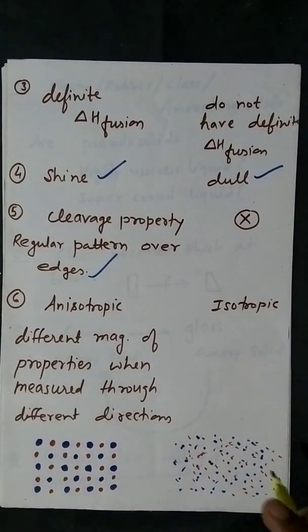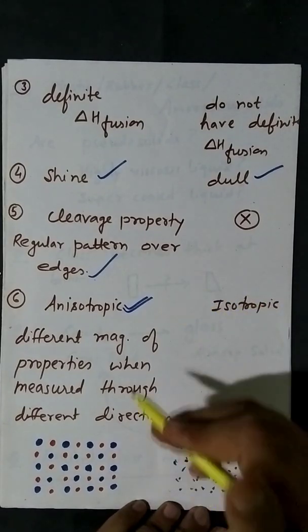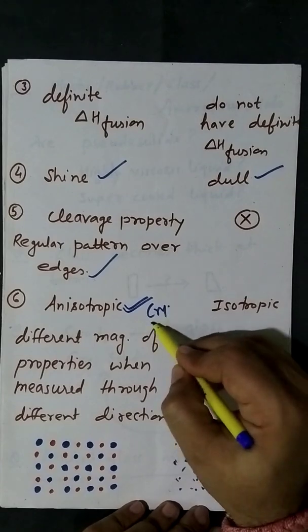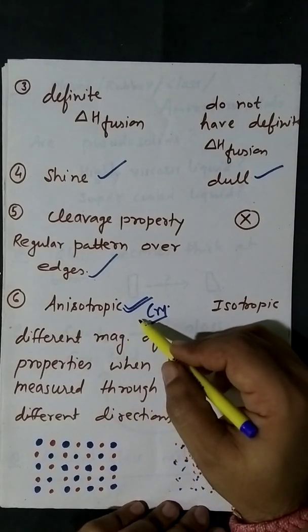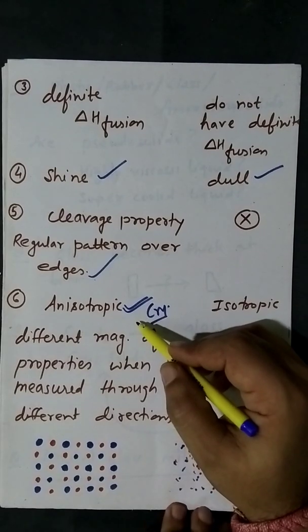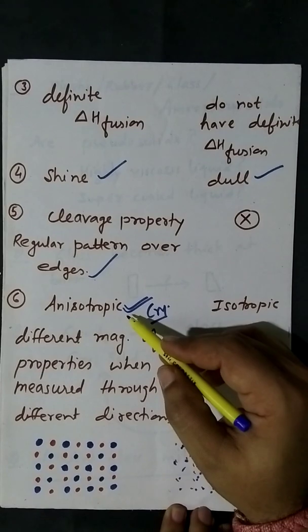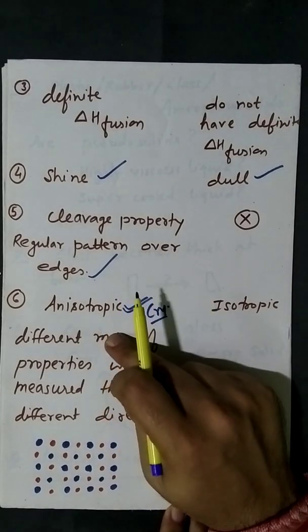The last point is they are anisotropic in nature. Now this is interesting. Though crystalline solids have a regular three-dimensional arrangement of particles, certain physical properties, if measured through different directions or different planes, will have different magnitudes in a crystalline solid.